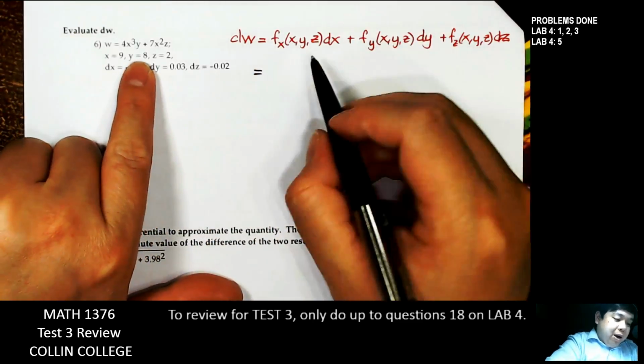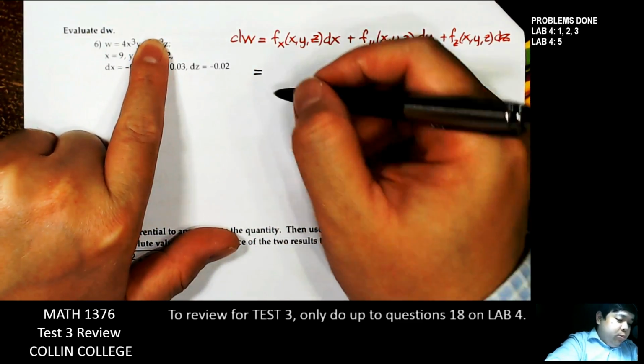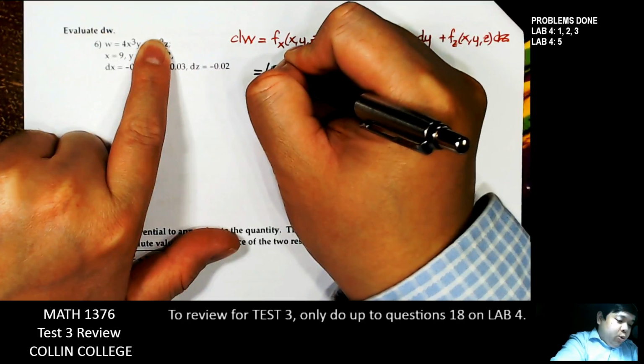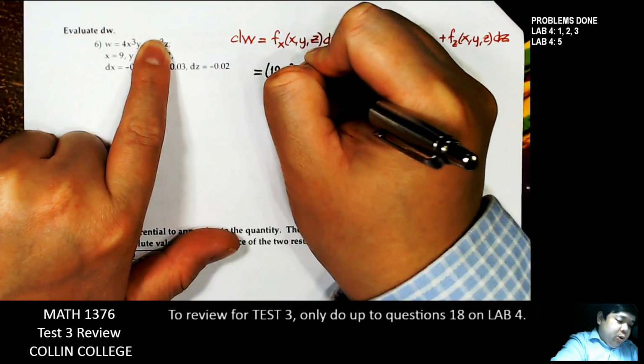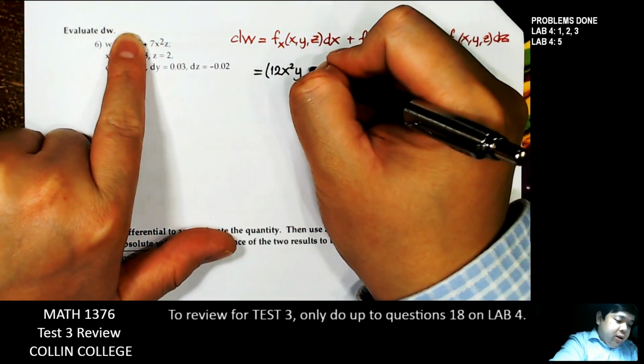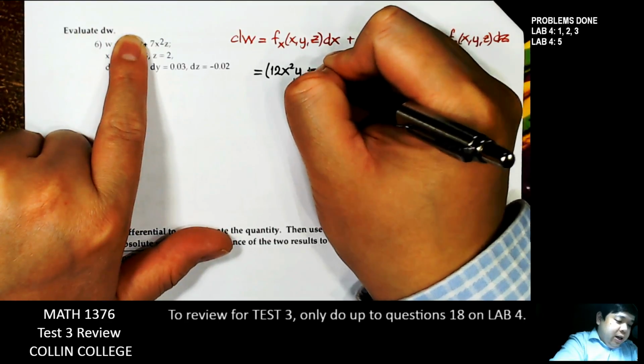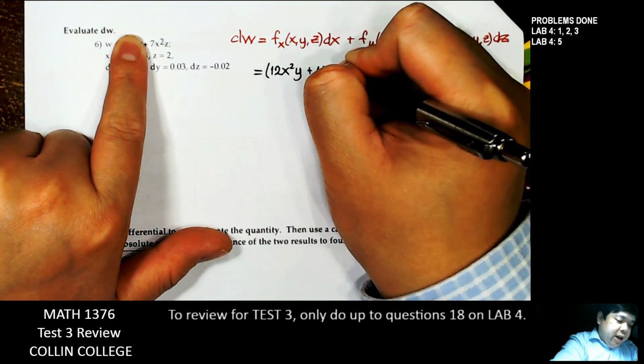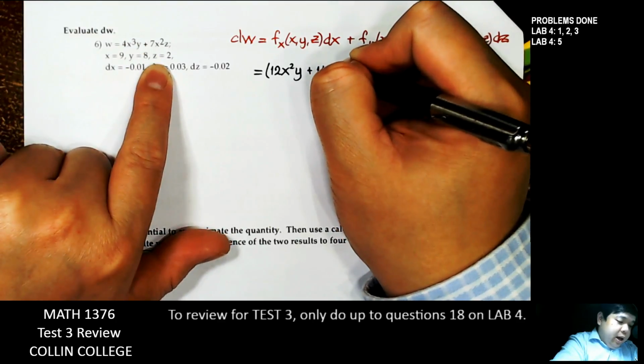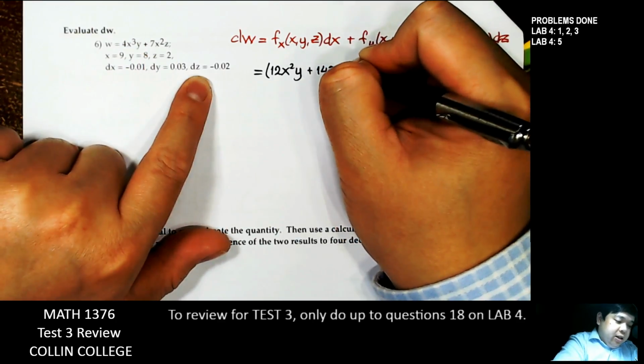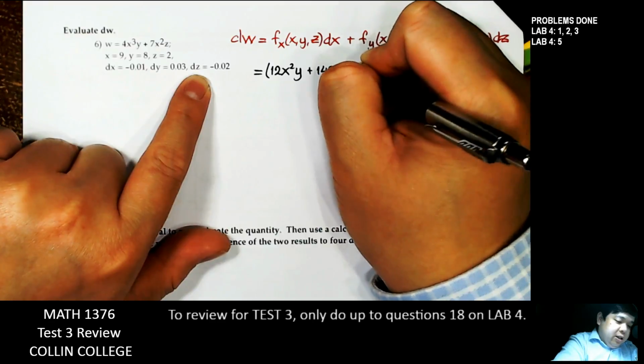And then we just take the partial derivatives. Right, with respect to x first, that would be 12x squared y and 14x z, dx.